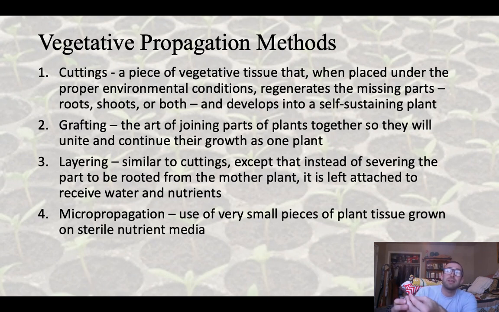So you maintain water flow to what's going to be your cut part, and in this process, what is going to be your new cutting, you set it up so it will start growing roots while it's still attached to the main plant, and then once it grows roots, you cut it off and you plant it.